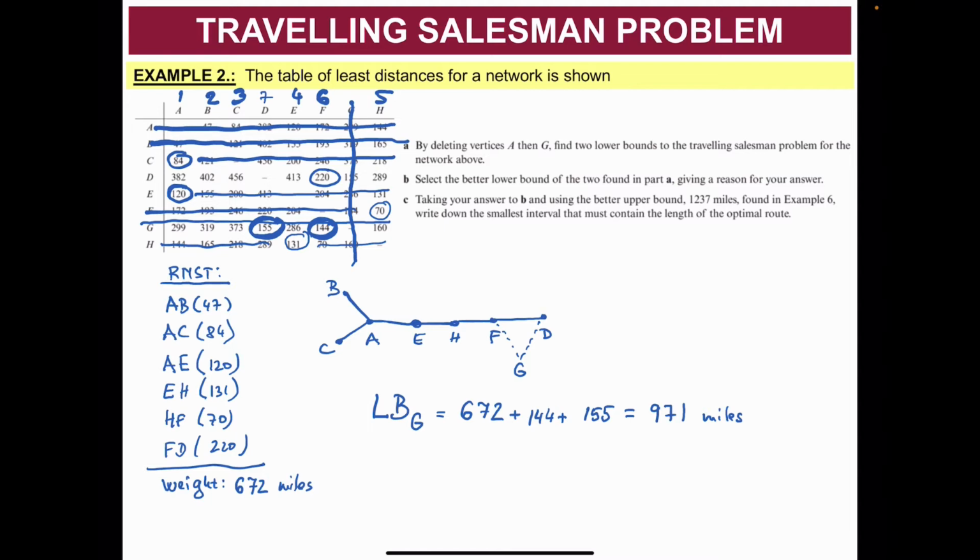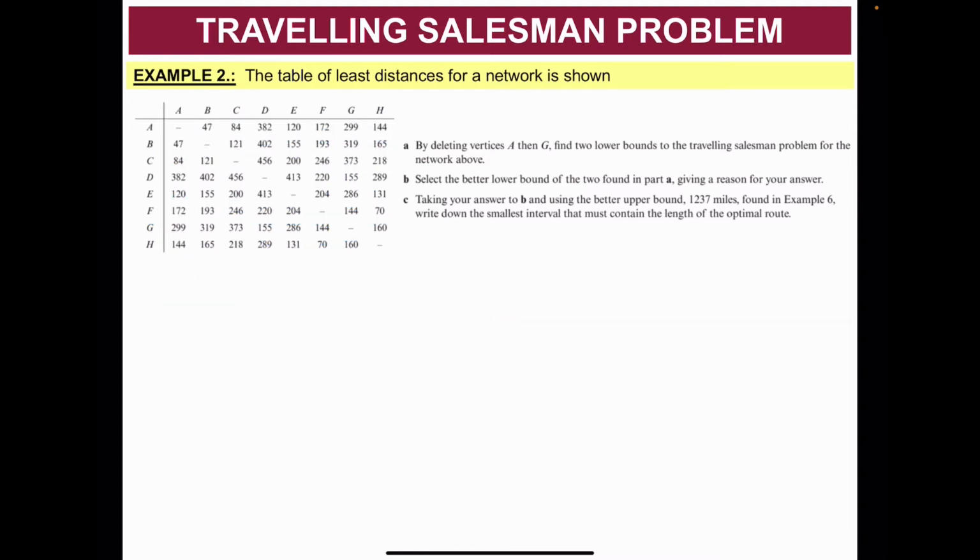Now we found it. We're going to look at the B case, because we had a lower bound for deleted vertex A of 907, and the lower bound for deleted G was 971.